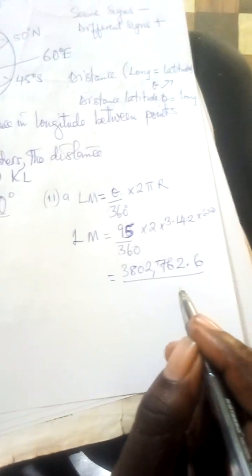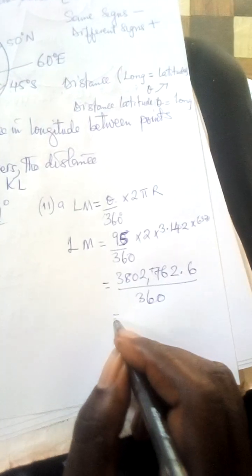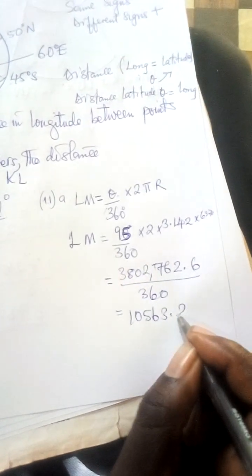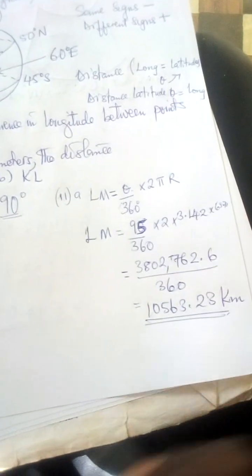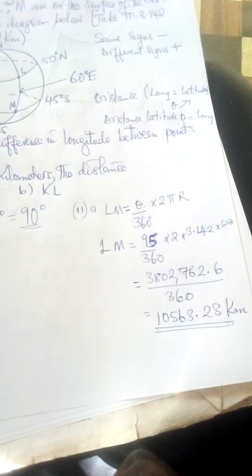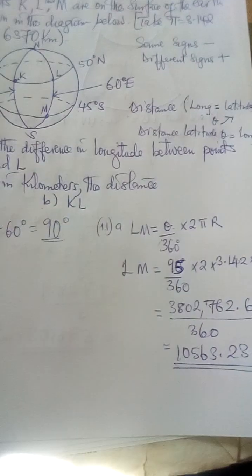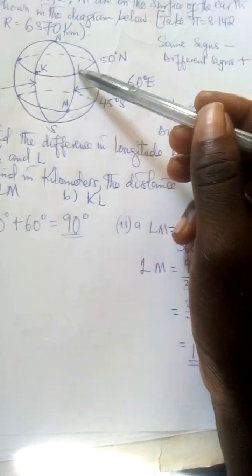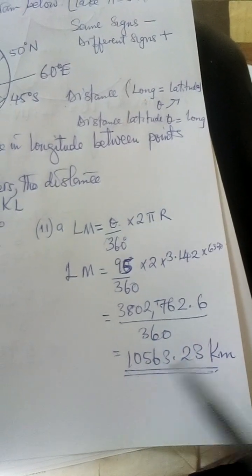Then you divide this value by 360. When you do that, the answer you get is 10,563 kilometers when you round this figure off. It means you have just answered the question for the distance for LM. So the distance from L to M is as big as what you can see here.